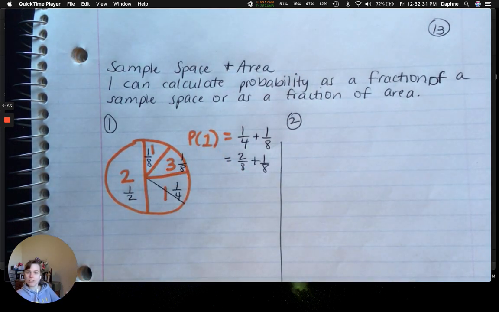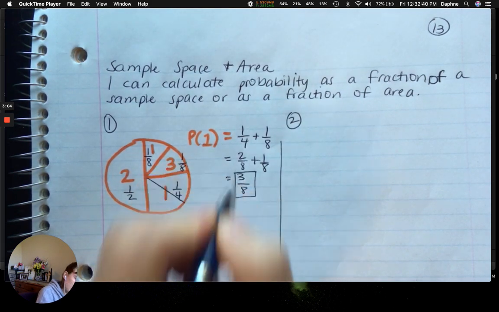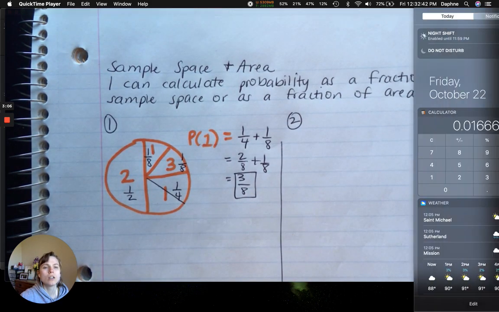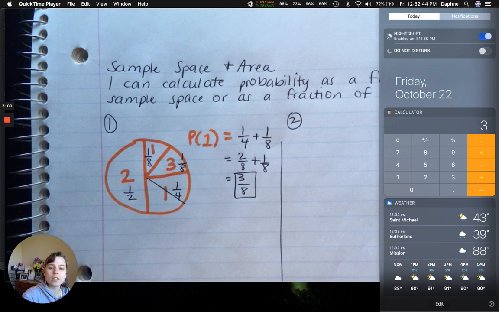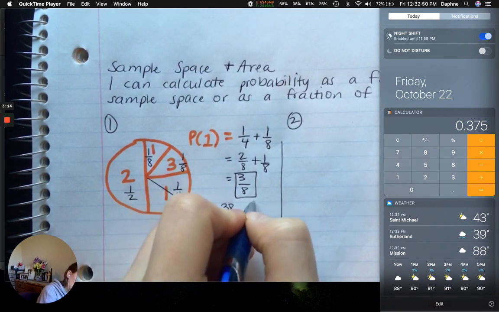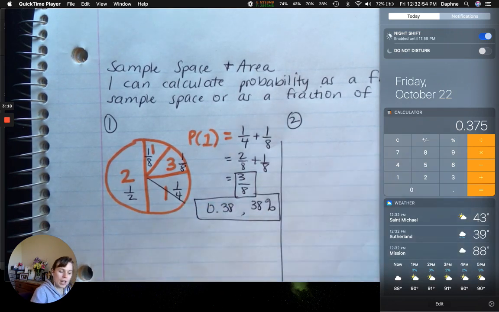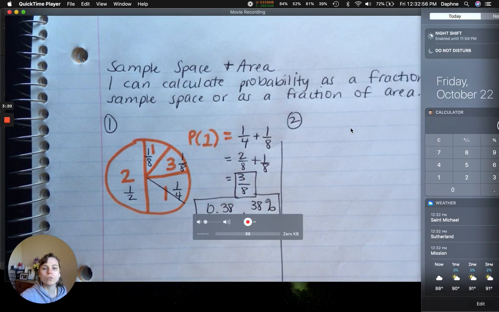And now that they look the same, I have both over 8. What is 2 plus 1? 3. So 3/8 is my fraction. That's the chance of spinning a 1. And that would be also 0.38 or 38%. Those would be my decimal and percent values.